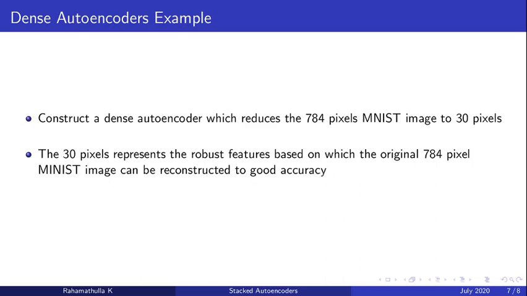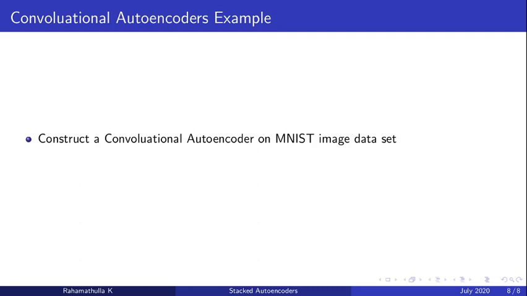We try to compress the image into 30 pixels, and these 30 pixels actually represent robust features based on the original 784 pixels, and we'll try to recover or reconstruct the image. And in the next stage we'll see an example of convolutional autoencoders with the same MNIST image dataset also.